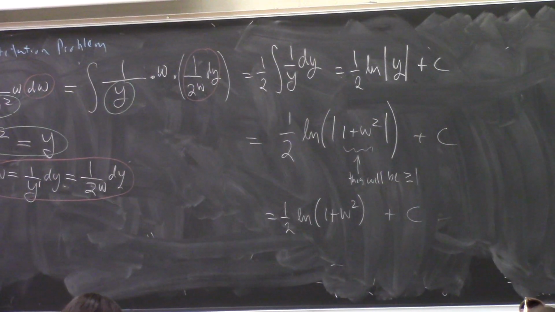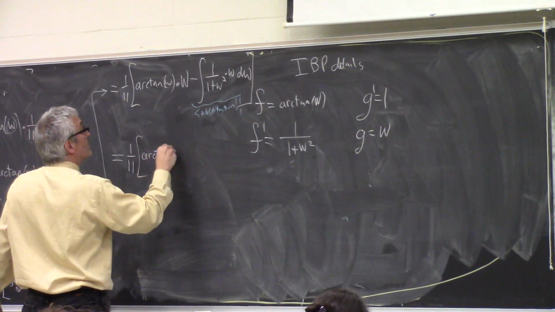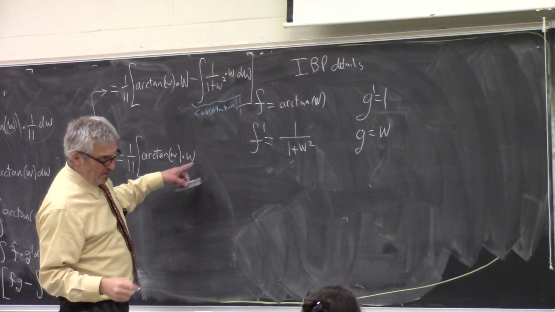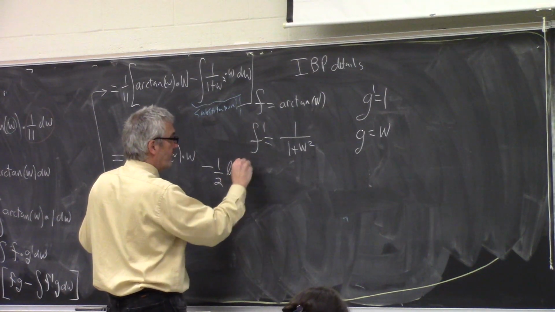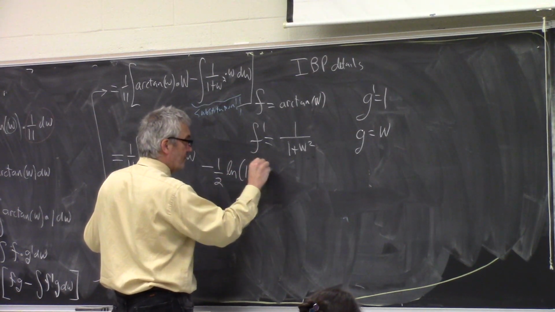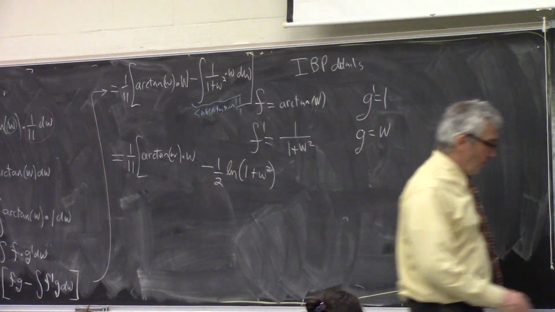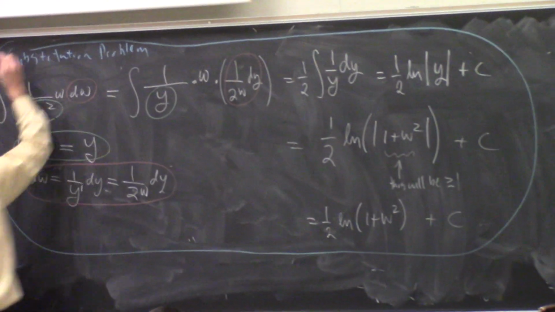So when I bring that stuff back in over here, I have 1 over 11 times arctan w times w, minus 1/2 ln of absolute value of 1 plus w squared. So all of this work here in this big blue circle was here.